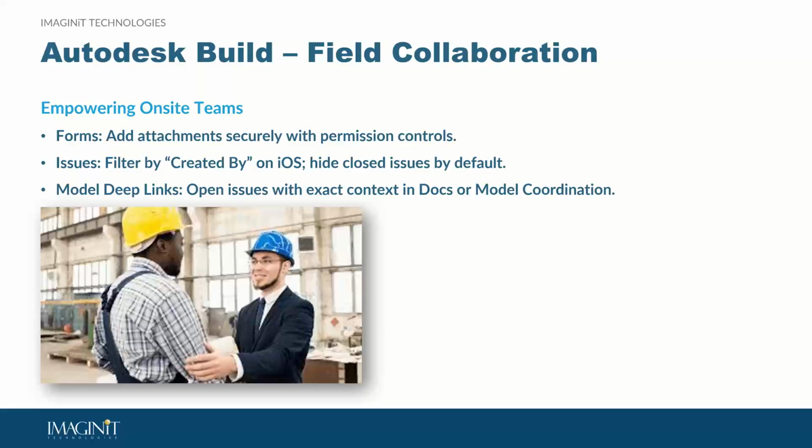As far as these model deep links, they let you open issues directly via Docs and Model Coordination, and it takes you and zooms you directly into the model element. So instead of just opening up issue 128, for instance, "anchor bolt is misaligned," it jumps you directly to that anchor bolt in the model.